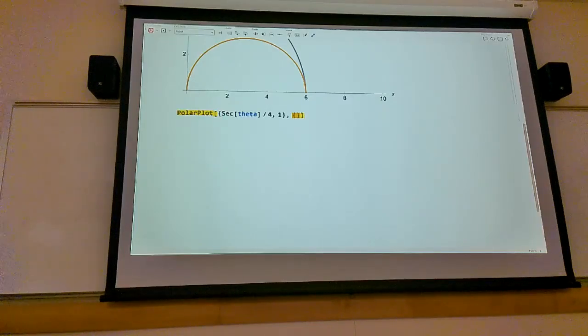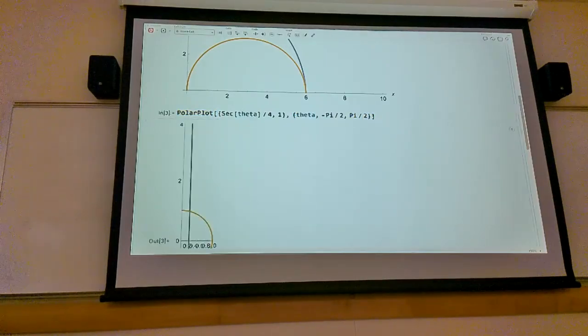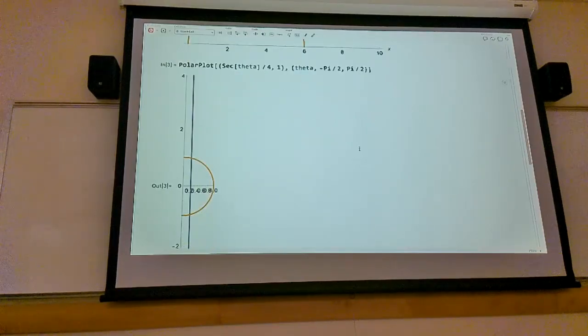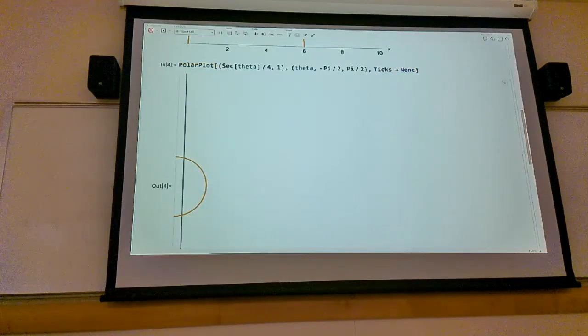That is terrible, so I'm going to do this. Can you tell which is which? I can make a reasonable guess that r equals 1 is the semicircle. Yes, r equals 1 has to be the semicircle. R equals 1 is the circle of radius 1. If not, you can always just add the legends, right?